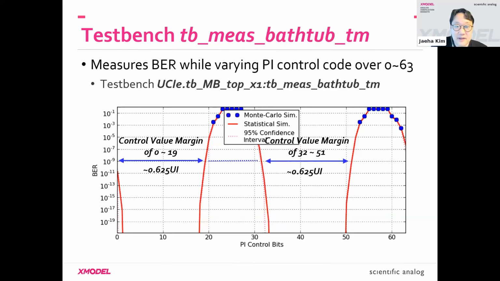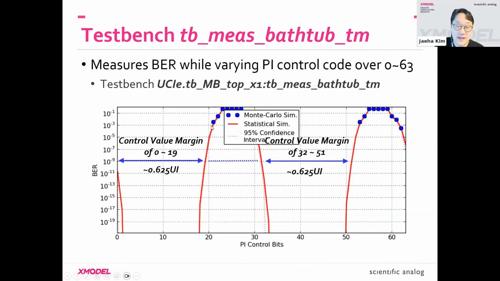Although because of the limited time I cannot cover everything here, XMODEL is capable of statistical simulation. It's very similar to a transient noise analysis, but it has some limitations. But it's extremely useful for estimating the bit error rate of a high-speed interface like this, because it can estimate the BER of a given link down to like 10 to the minus 20th.